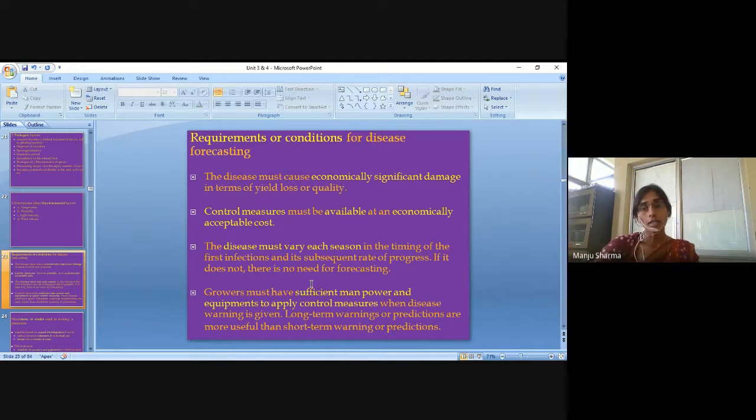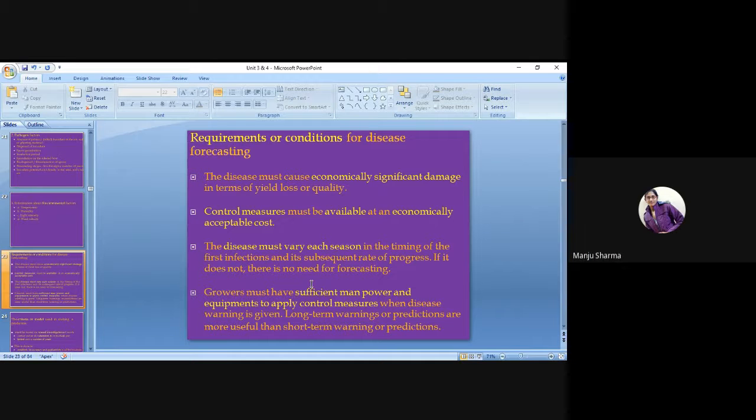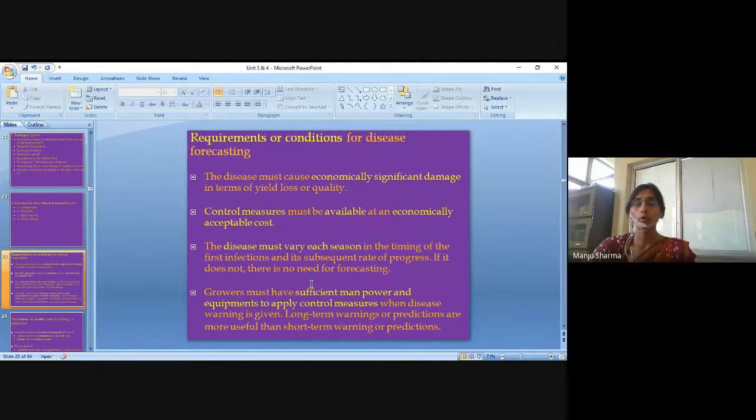Now the requirements or conditions for disease forecasting. The disease must cause economically significant damage in terms of yield loss or quality. Control measures must be available at an economically acceptable cost.